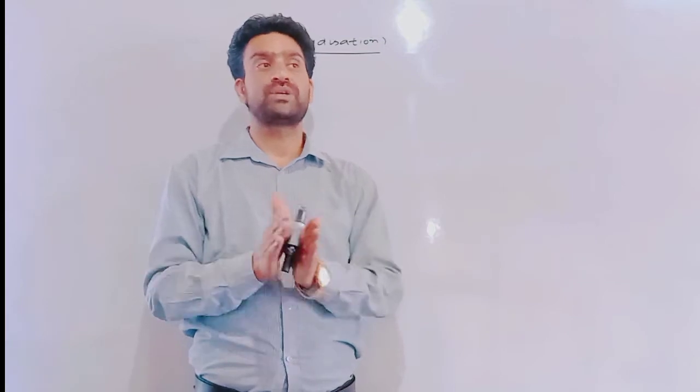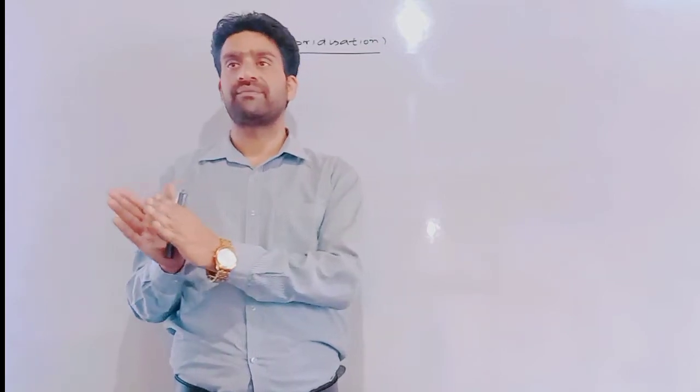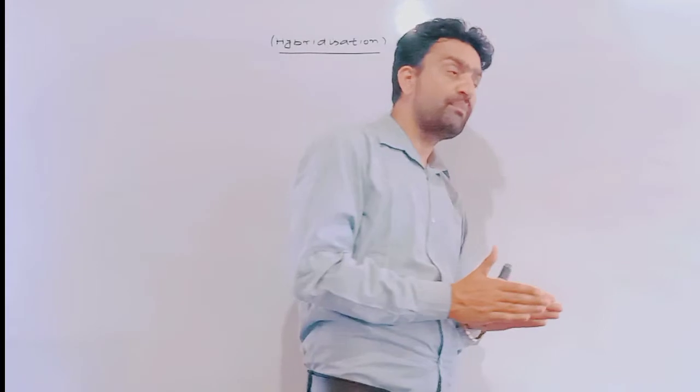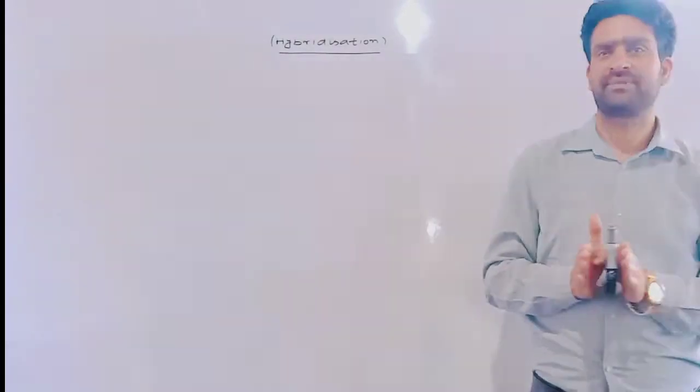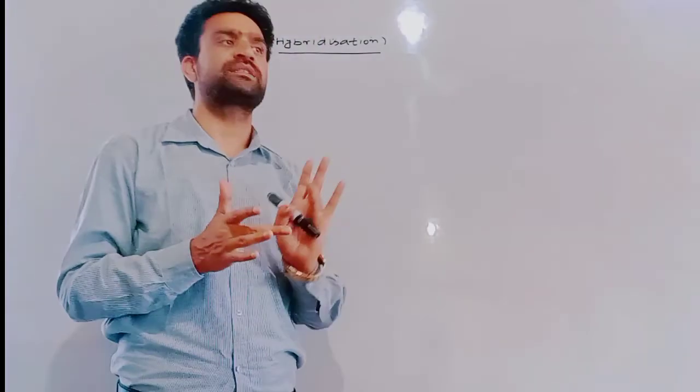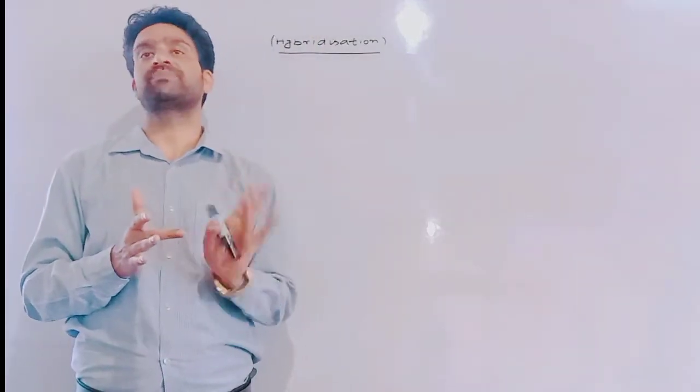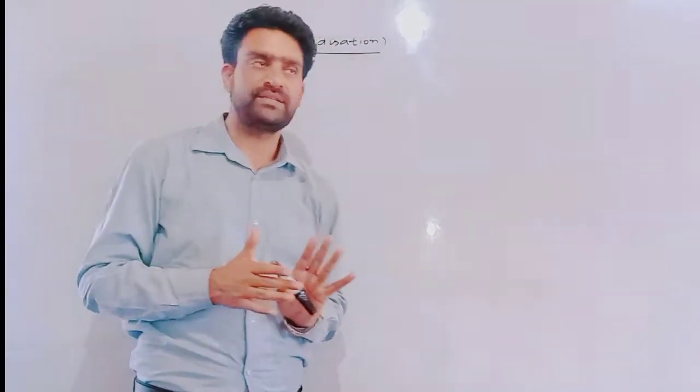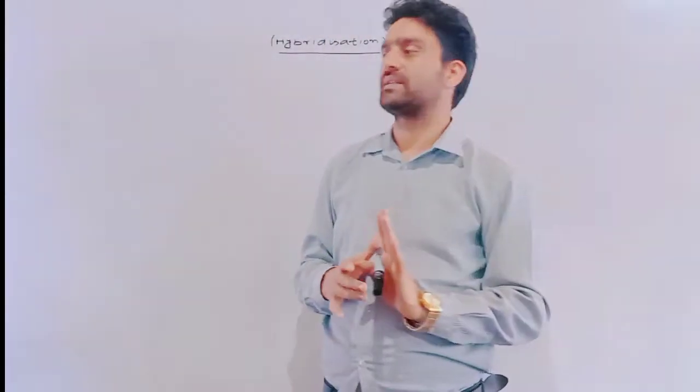Then 2 bond pairs, 2 lone pairs, bent or V shape. 1 bond pair, 3 lone pairs, it is linear. I have explained this for sp, sp2, sp3, sp3d, sp3d2 and sp3d3.